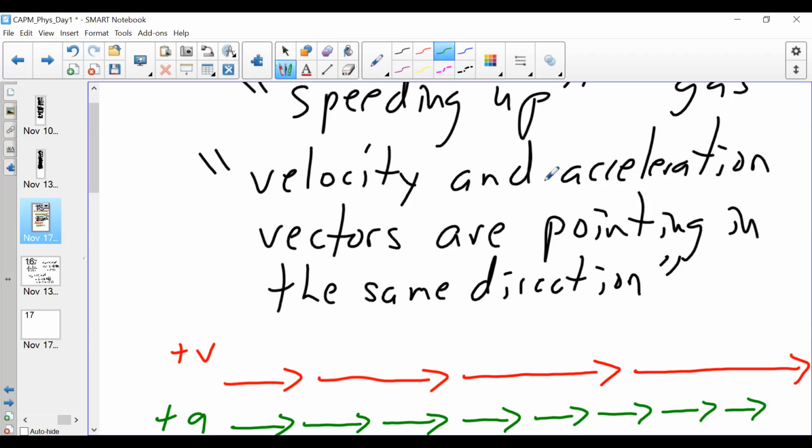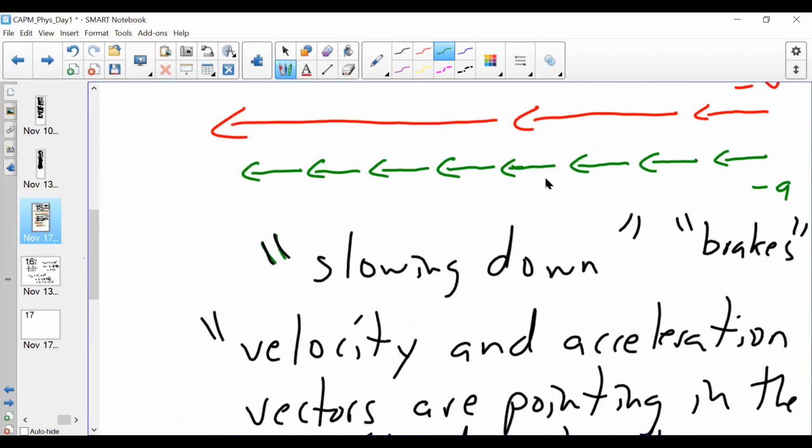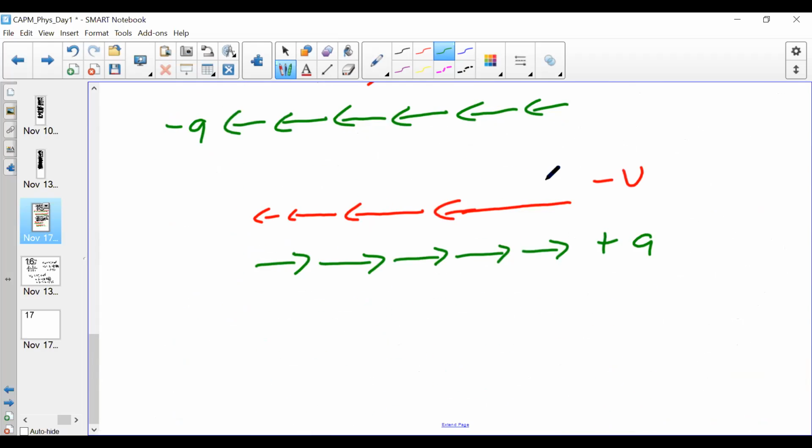Okay. Let's now move on to generating our deceleration case from data table, and position time to velocity time to acceleration time to graphing the data, taking slopes.